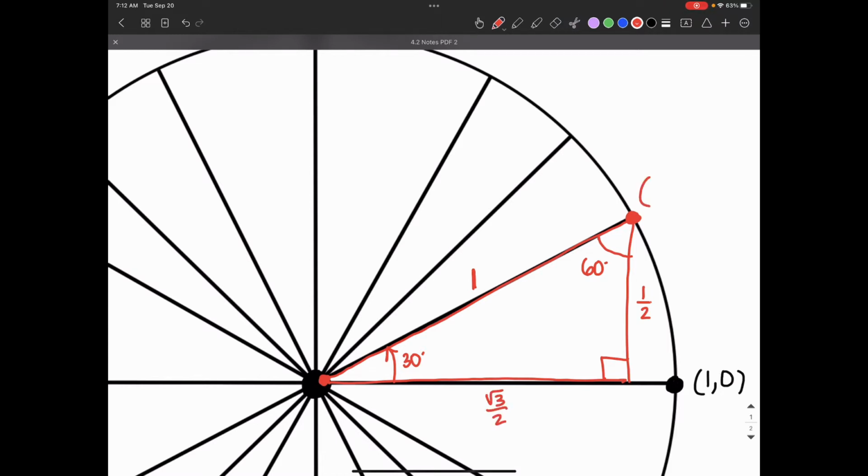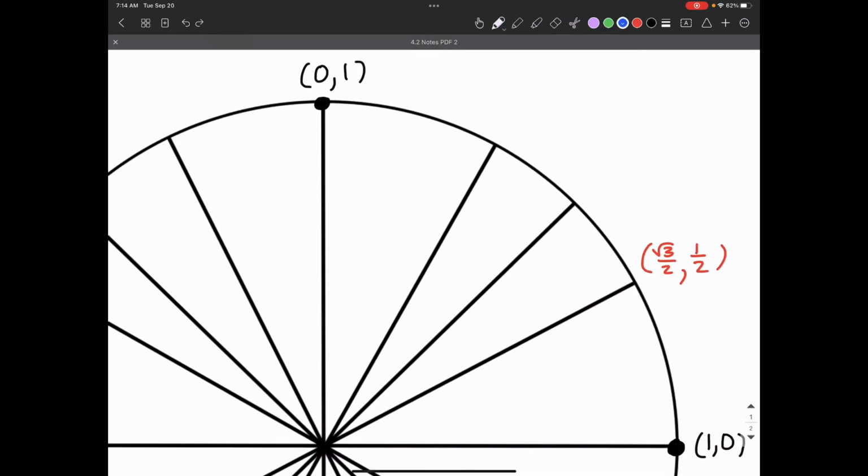That would make this point here, my horizontal distance, what x is here, the square root of 3 over 2. My vertical distance, my y value at that point on the unit circle, is going to be 1/2. So I'm going to put that in.